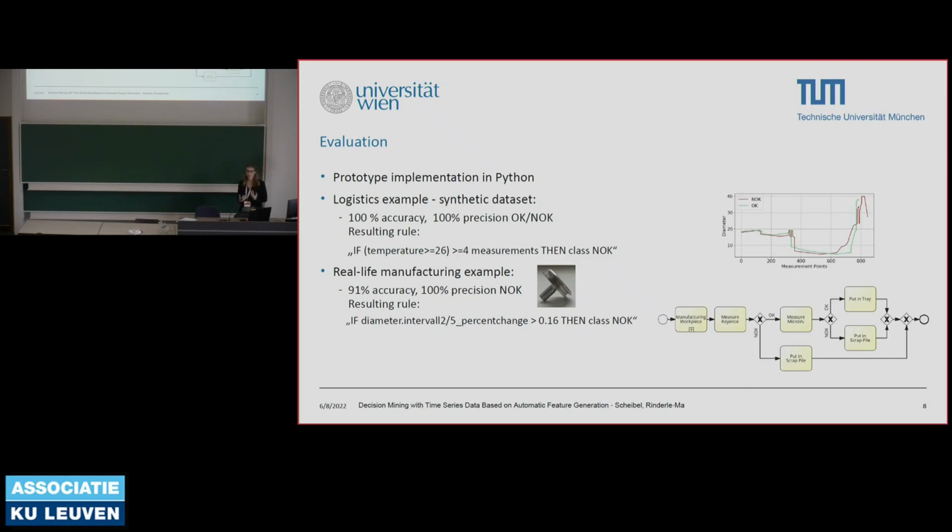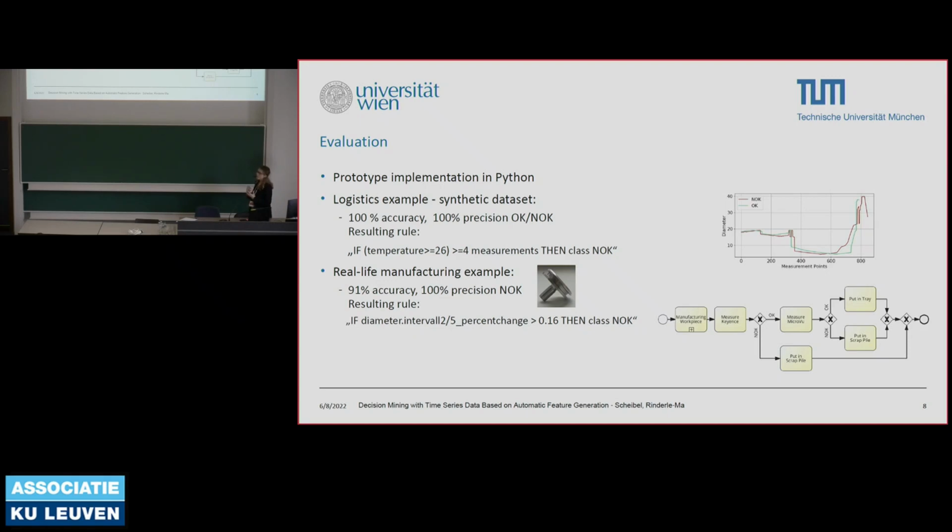So the goal for this process would be that at the first task, the measure CAiSE task, we can eliminate as many not okay pieces as possible, so that we reduce the time consumed in the measure microview task.